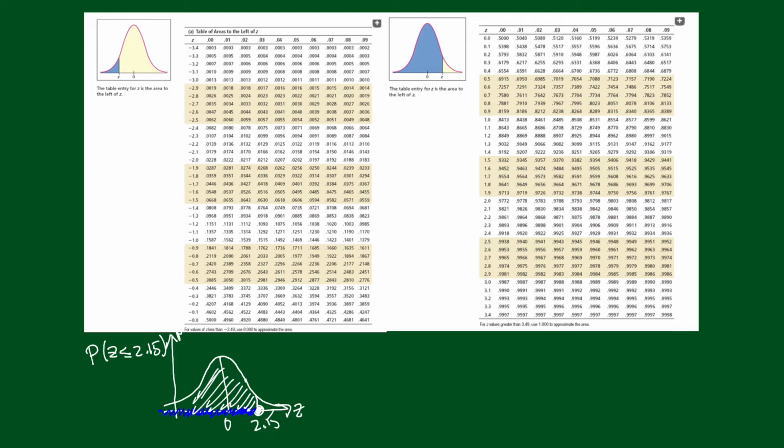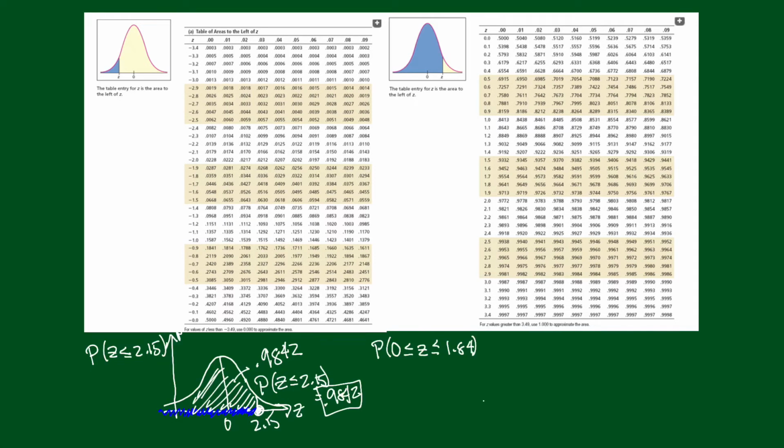Hard to read. So the probability then that z is less than or equal to 2.15 is 0.9842. Got it. So that's about 98% of the time, z values will be in that interval.